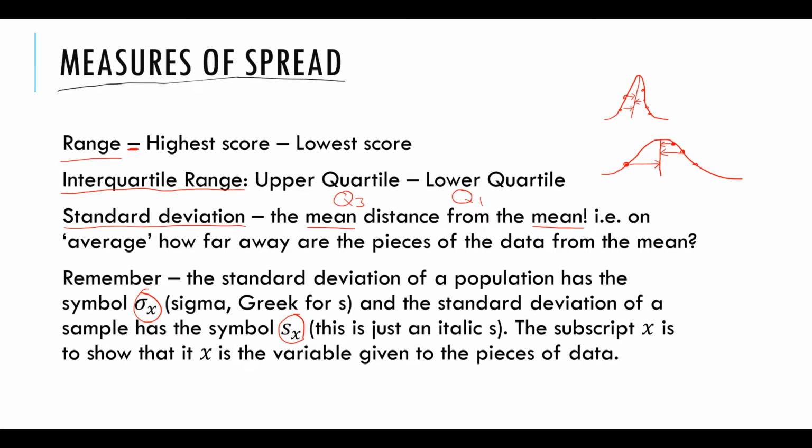Remembering the difference between sigma and s is really important, especially if you have a Casio calculator, as these match with the symbols that your Casio calculator is going to use. So knowing the difference between population and sample standard deviation is really important.